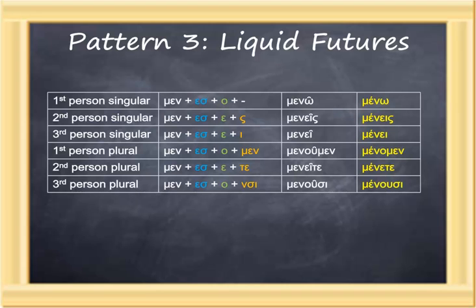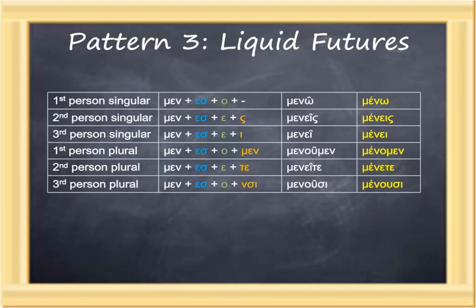And the resulting forms do look very much like they are epsilon contracts of the present. But these are liquid futures. So menoo is I shall remain. Menaeis, you singular, will remain, and so forth.